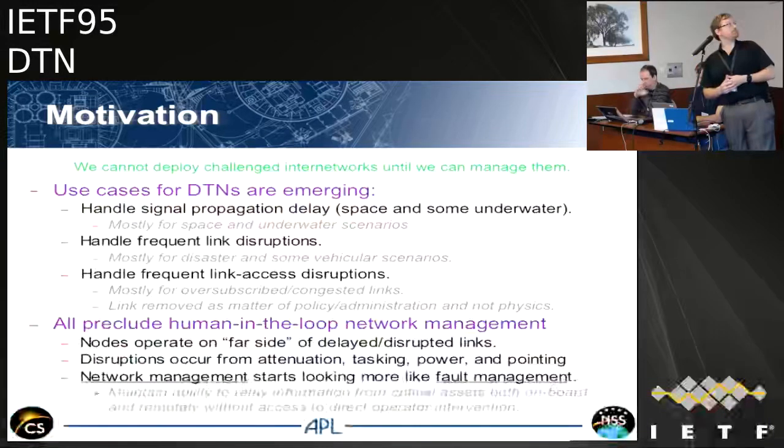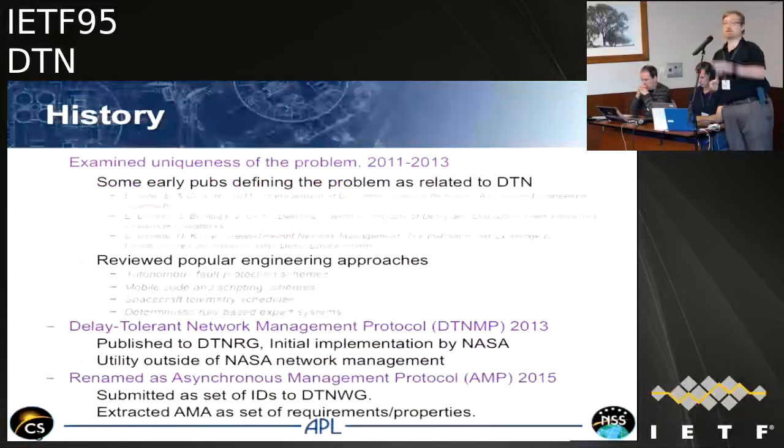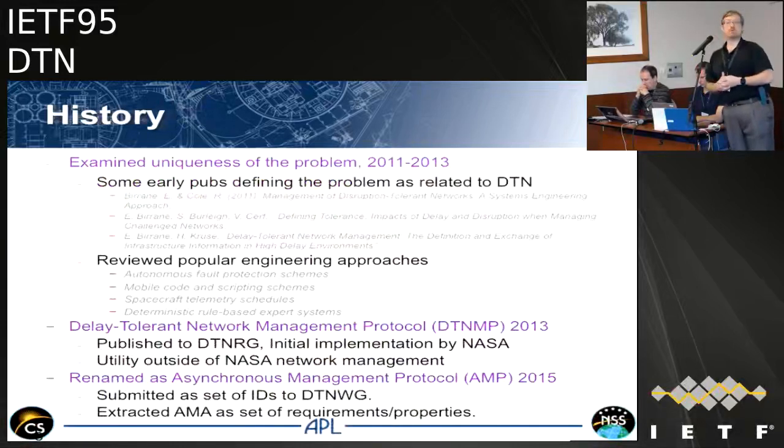Next slide. So just a little bit of history. Some of the discussions on network management were in the 2010, 2011 timeframe. Will, you were part of that. Originally, we had some early pubs to try and figure out what the problem was. We reviewed some popular engineering approaches, looked at autonomous fault protection schemes, mobile code and scripting schemes, what spacecraft do to report their own performance requirements, deterministic rule-based expert systems.